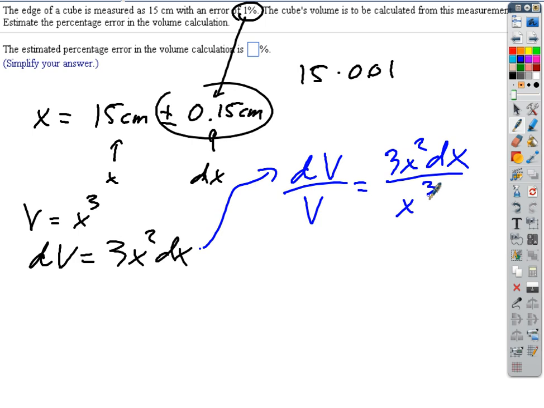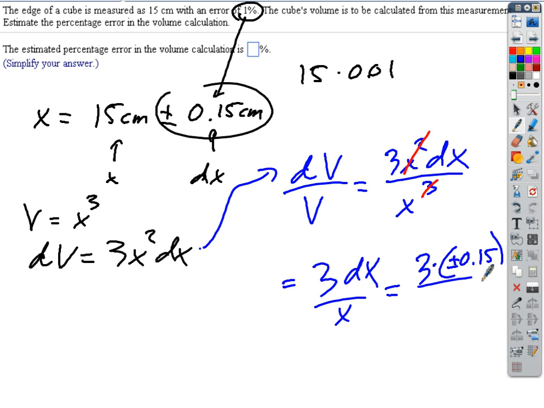Now, here's the trick. Watch this. Did we even need to know what dx was? No. Now, just watch this. This is really cool. And then we're done. 3 times dx over x, I could say, is 3 times plus or minus 0.15 over 15. That's going to give me the same answer I would get if I thought about that as being 3 times dx over x, without ever calculating what dx is.